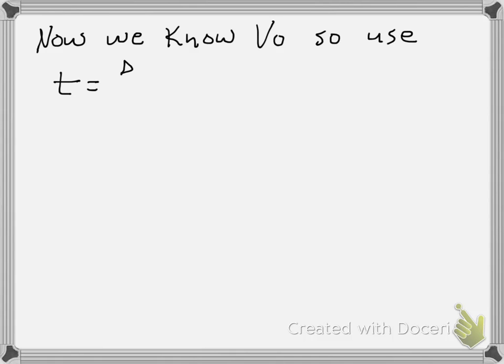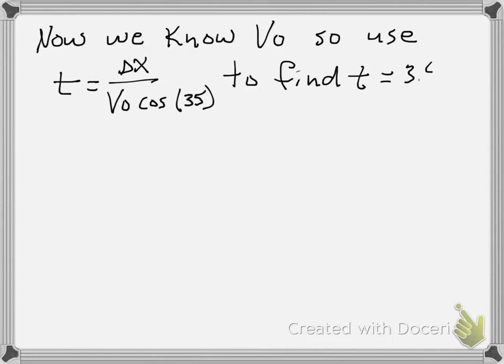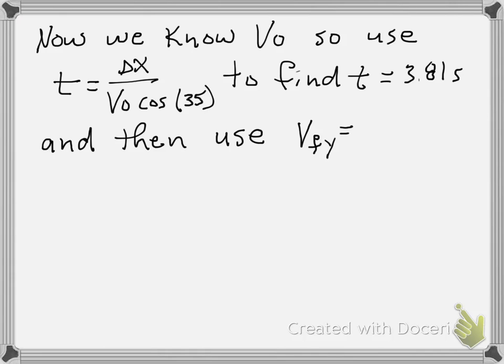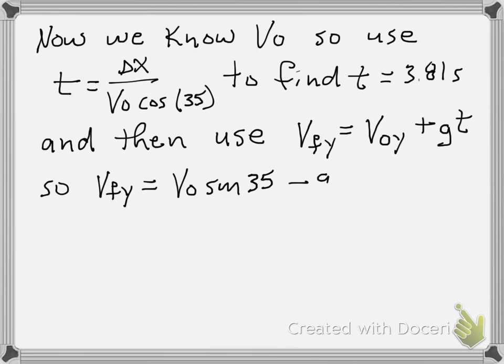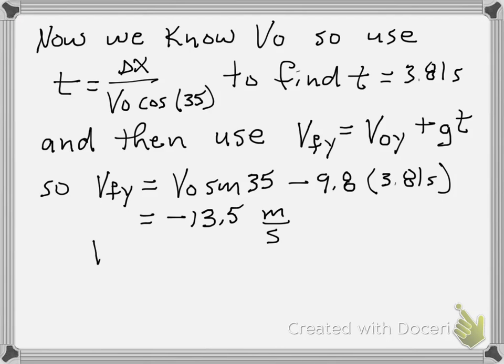So we can use the equation we came up with, time is delta x over V0 cosine of 35, plug in the numbers, t is about 3.81 seconds. And so then we use our first kinematics equation, final velocity in the y direction is V0 sine of theta minus g t, and so that gives us a negative 13.5 meters per second.